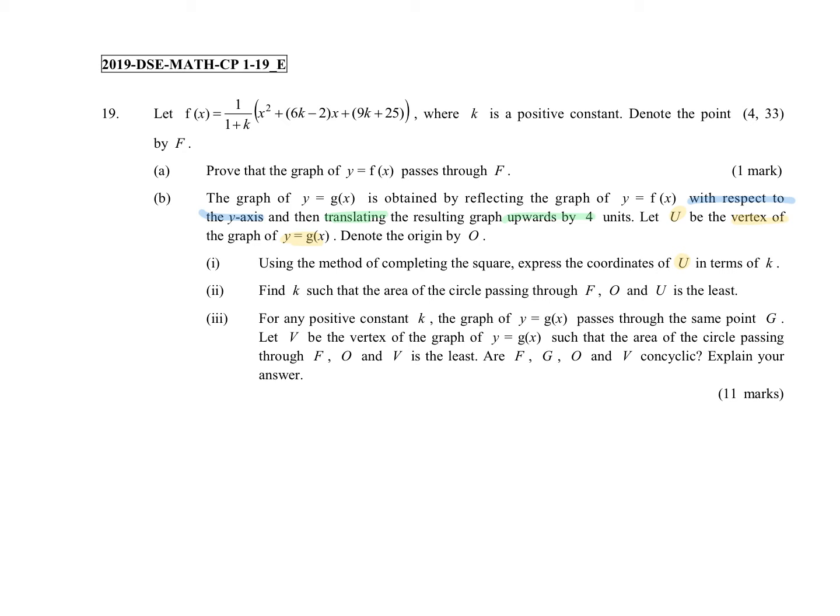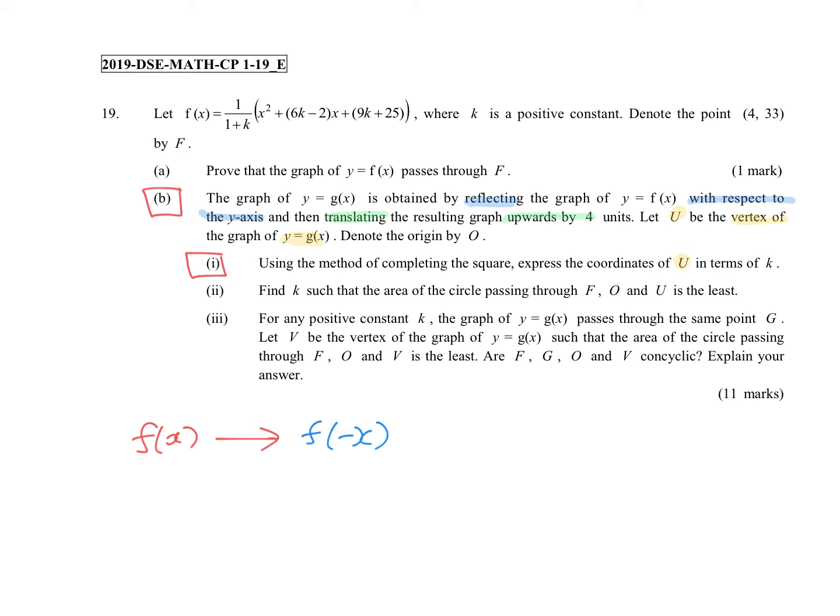So here we try to summarize a little bit. So B1, we have f(x), and after the flipping, it will be f(-x), because that's just the horizontal reflection, the reflection with respect to the y-axis.